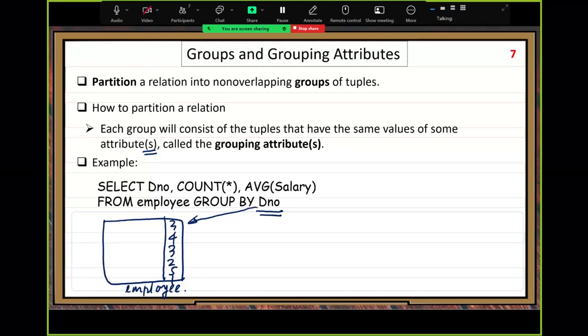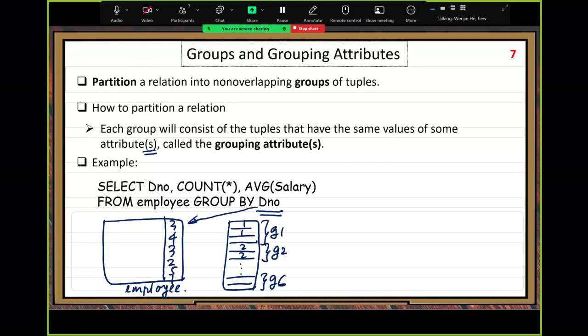Now you use the department number to define groups. So the tuples with department 1 form the first group, G1. Then department 2 is group 2, and so on. So you have many groups, group 6, for example. That's the way you define groups.